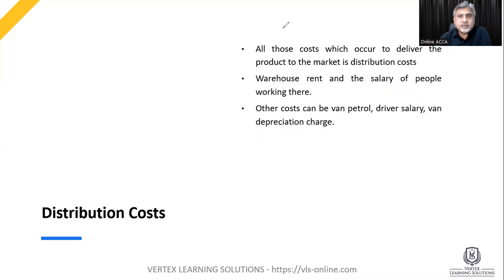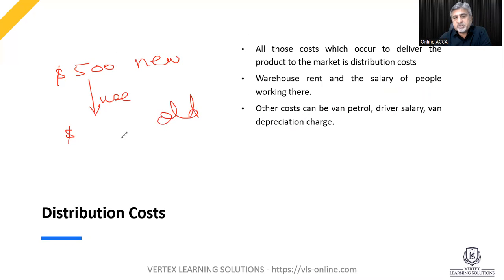In a very simple way, we talk about depreciation more in financial accounting, but just for not leaving it untouched, what is depreciation? You buy a mobile phone for $500. You use this phone for 1 year, and after 1 year, it becomes an old phone, and the value of the old phone is $300.